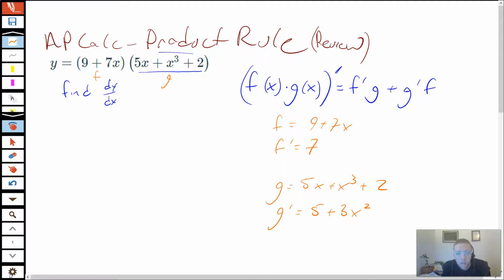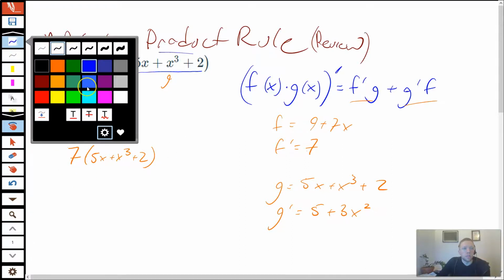Okay, so now I know what the derivatives of my two functions are, and then I'm just going to follow the model here. I'm going to say f prime times g plus g prime times f. So 7 is f prime times g. Well, g is 5x plus x to the third plus 2. So 7 times 5x plus x to the third plus 2.